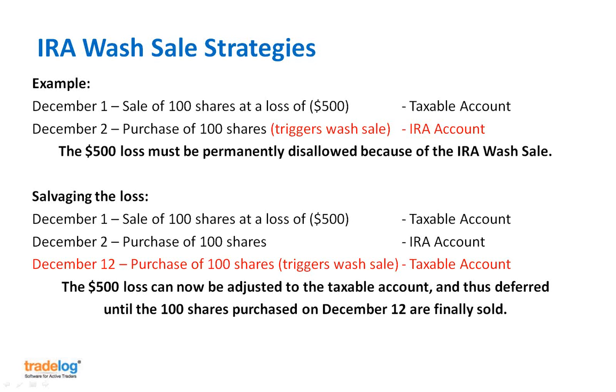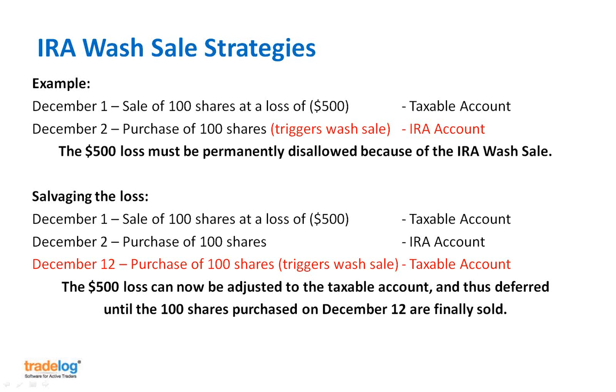Well, let's say that within 30 days of that sale on December 1st, you purchase 100 shares, but this time you purchase these 100 shares in your taxable account. Notice now that there are two purchases, two situations where you acquired shares, both for 100 shares.